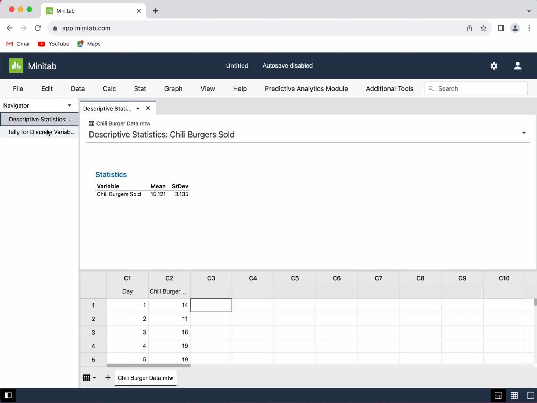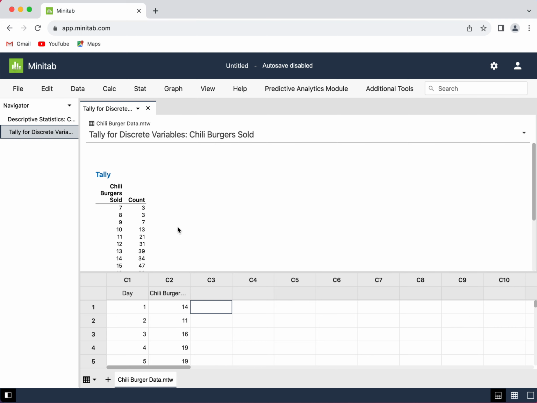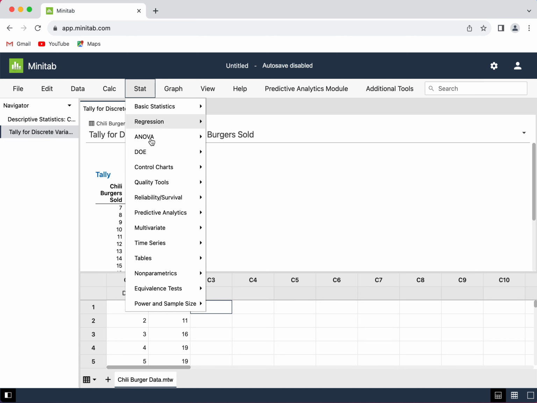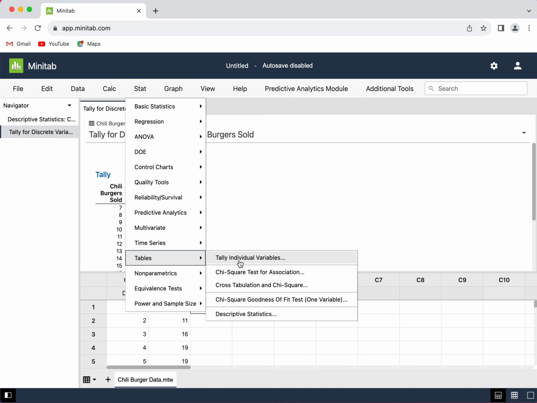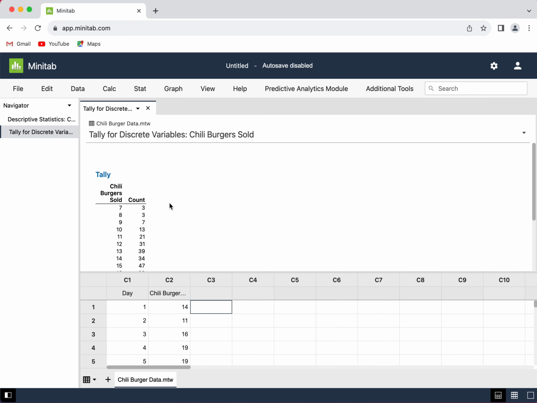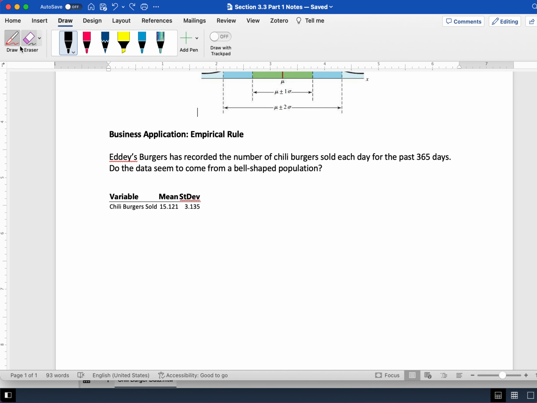What I also have done is I've done a tally chart, this is a frequency distribution. Remember, to get this, you go to Stat, go down to Tables, and tally individual variables. And we're going to see how this is useful in just a minute. So I'm going to copy this over just to make it a little bit easier to refer back to here.